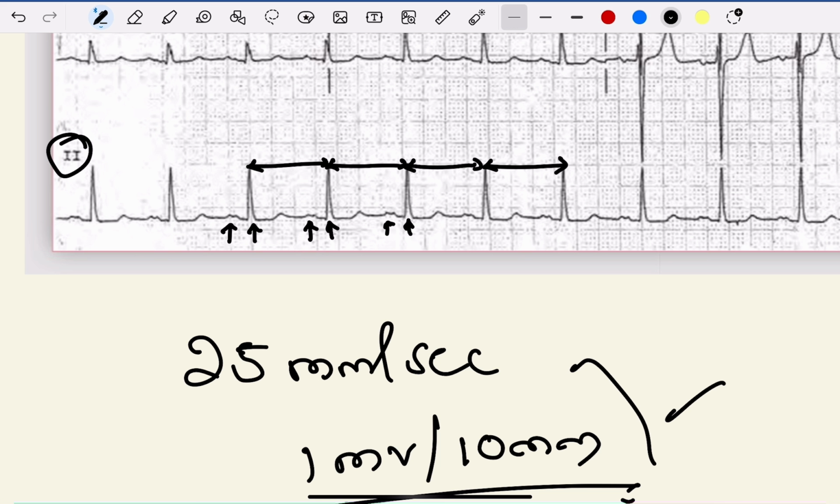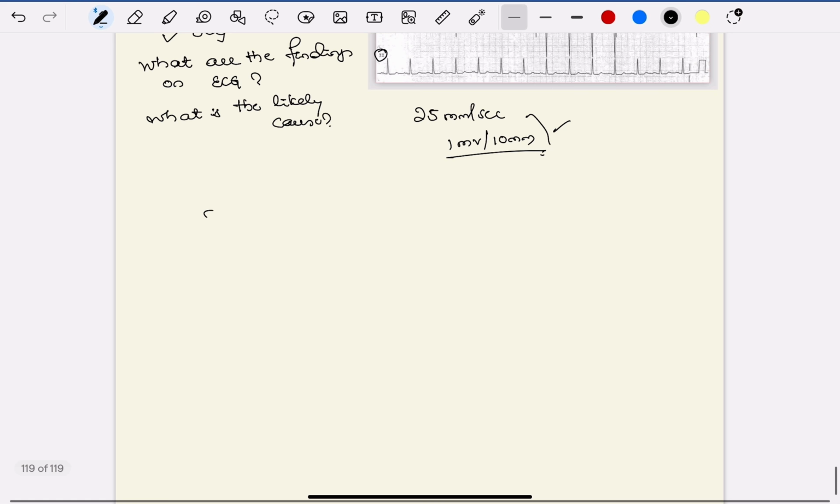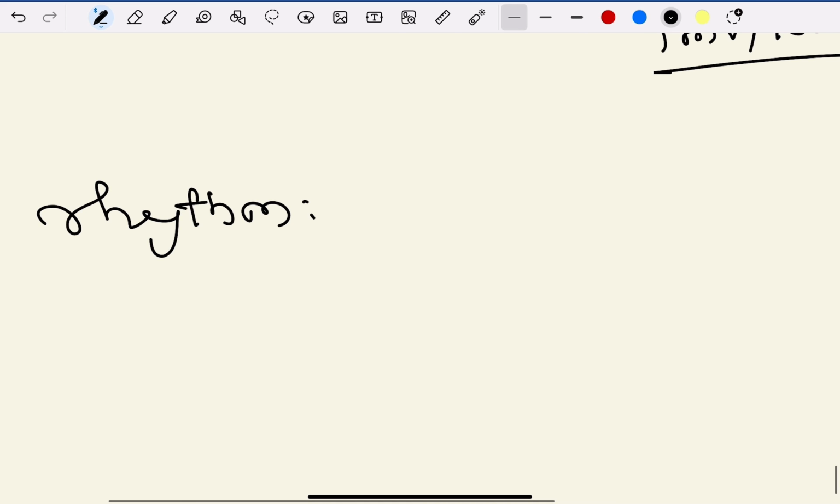All P waves look the same morphologically, which means the origin is the same, the SA node, and the RR interval is regular, and every P wave is followed by a QRS. That means it is normal sinus rhythm. NSR means normal sinus rhythm.